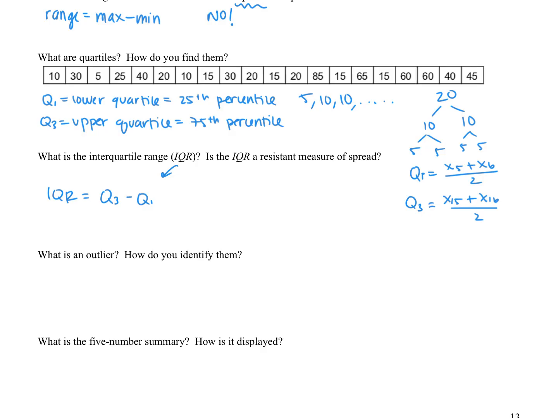So I will tell you for our data set, Q1 is 15 and Q3 is 42.5. So then our IQR is that 42.5 subtract 15. So IQR is 27.5.